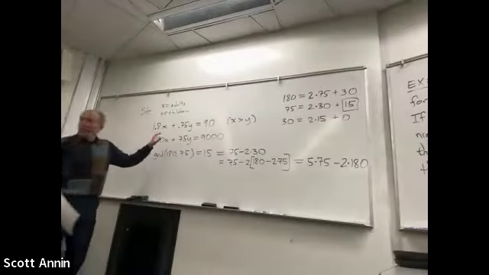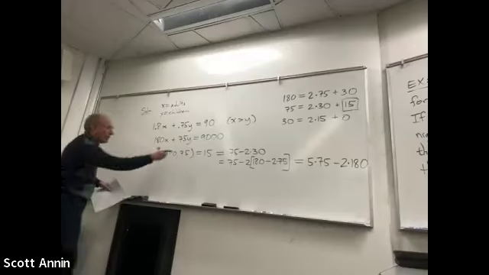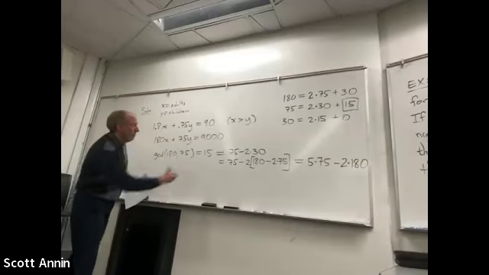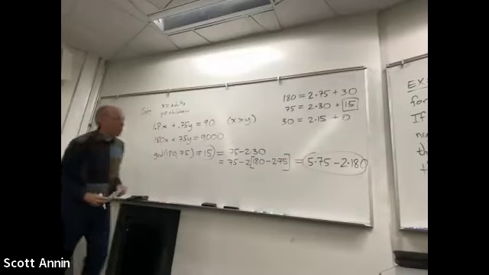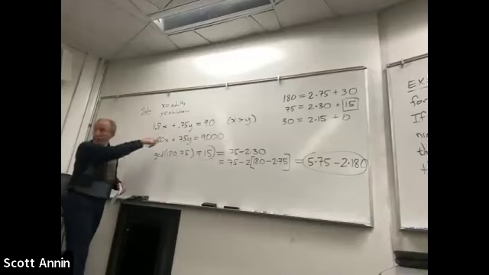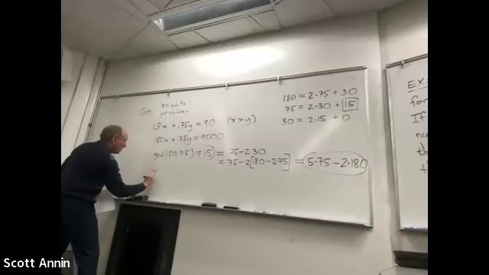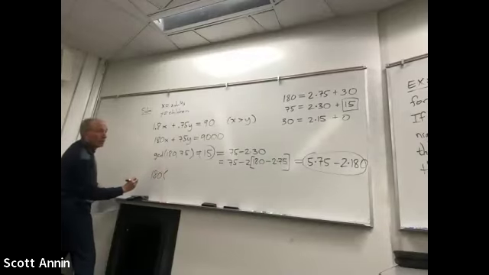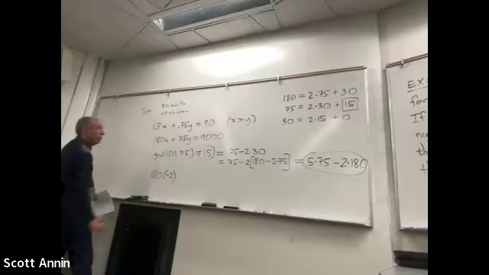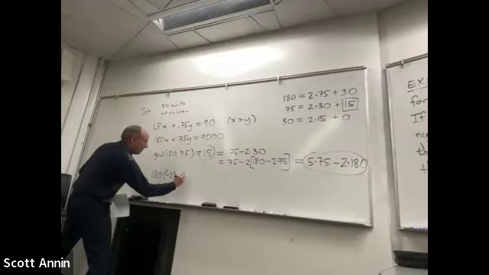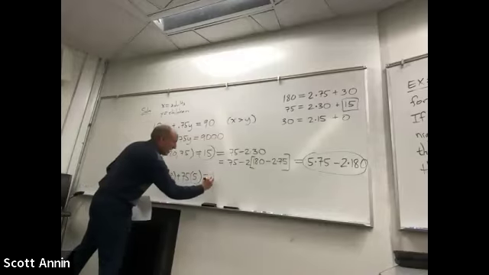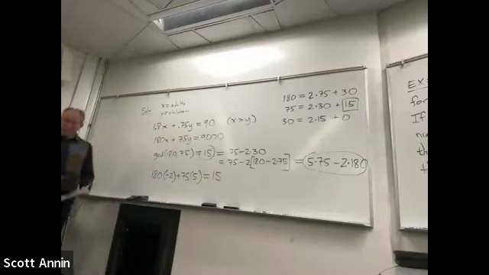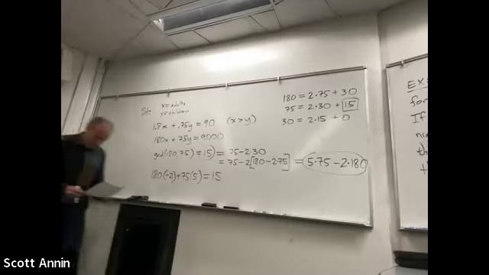Let's get it lined up in the correct order here. So I've got my linear combination. 15 equals 5 times 75 minus 2 times 180. But let's get it in the order of the original equation. So it would be 180 times negative 2, and then plus 75 times 5. And that adds up to 15, presuming I did it all correctly.